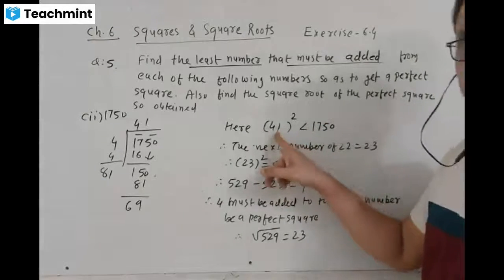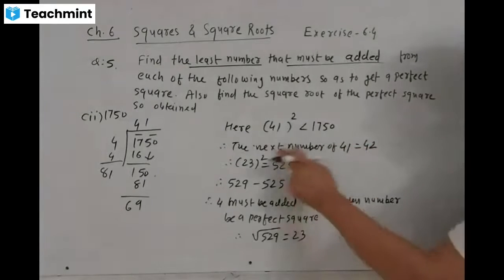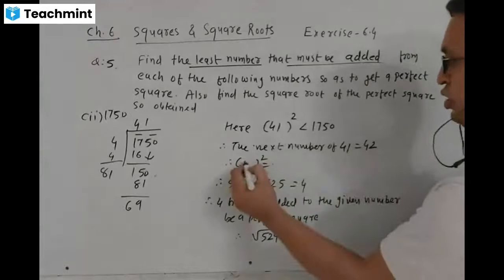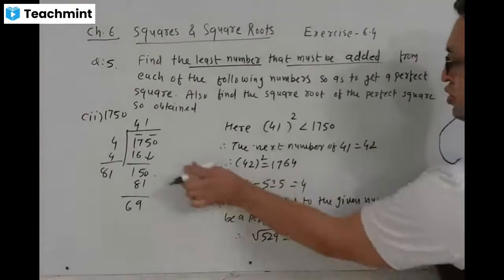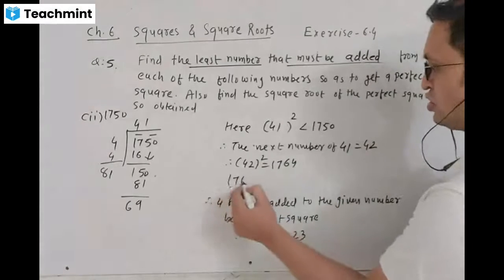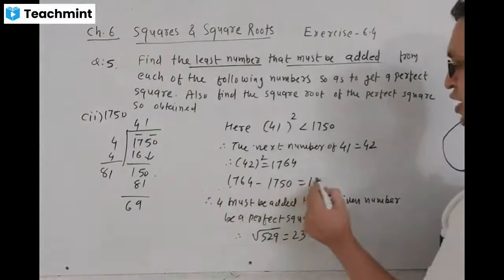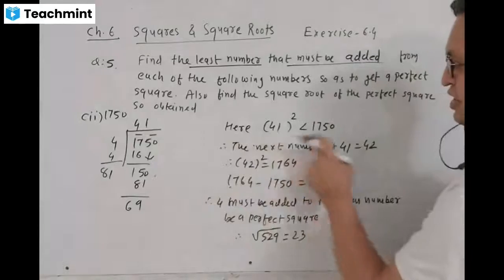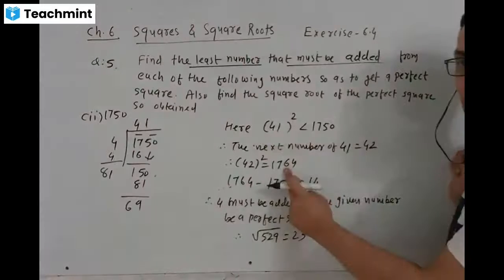Therefore the next number after 41 is 42, and 42 squared is 1764.